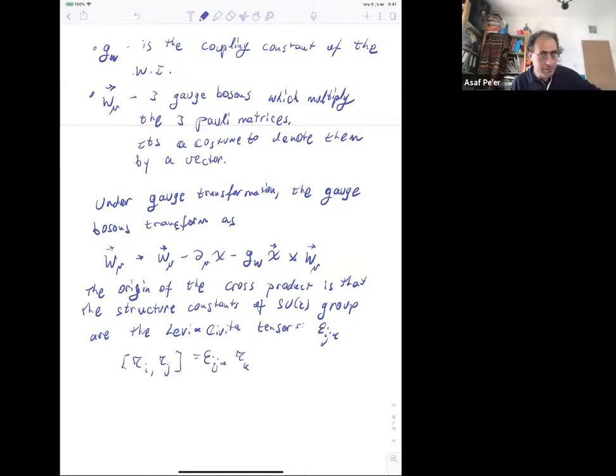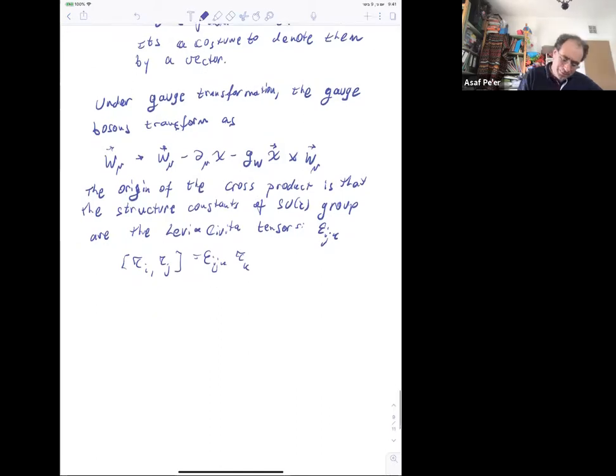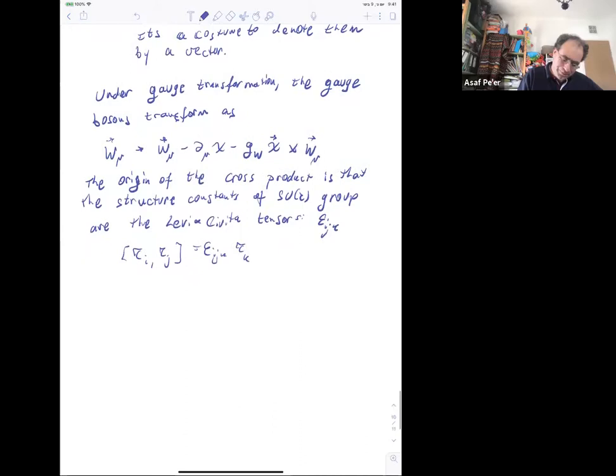Okay, so if we write down this covariant derivative and the kinetic term for the gauge fields, then we can write down the Lagrangian for the weak interaction, which is going to be gauge invariant.